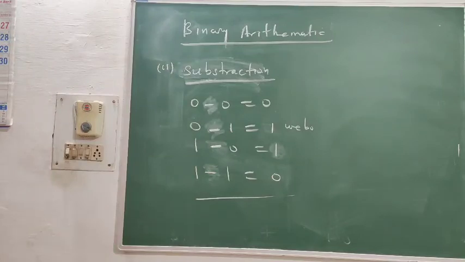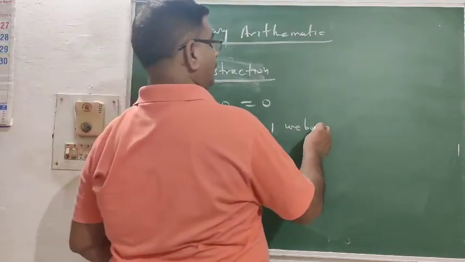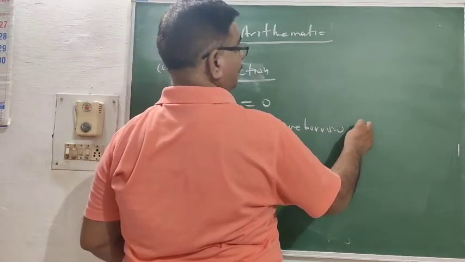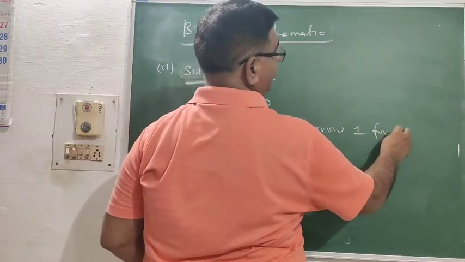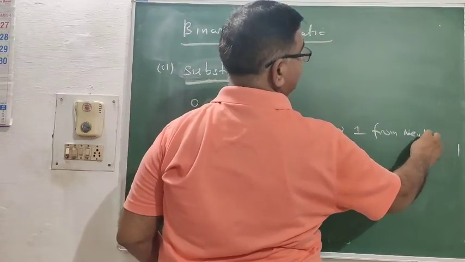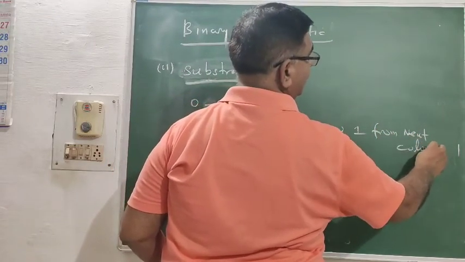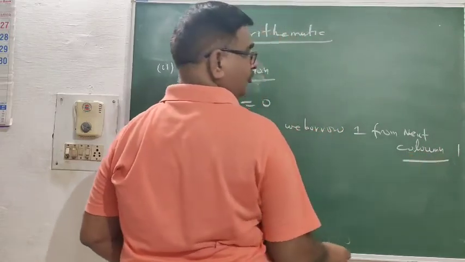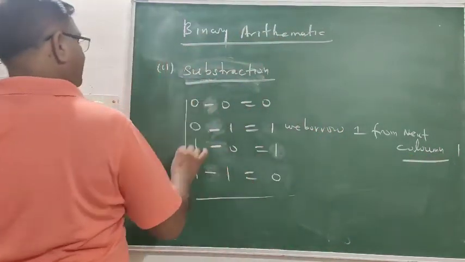Then whenever you have the number 0 minus 1, with a borrow of 1 from the next left column, we borrow 1 from the next column. How we will borrow, I will discuss in the example.